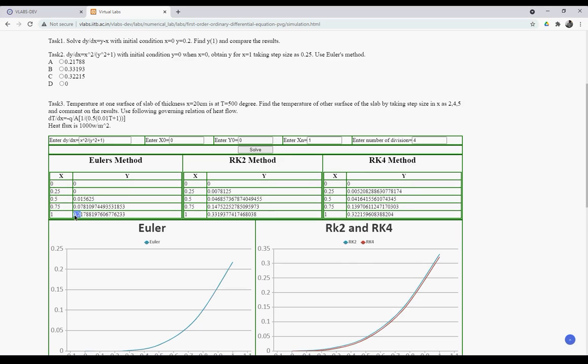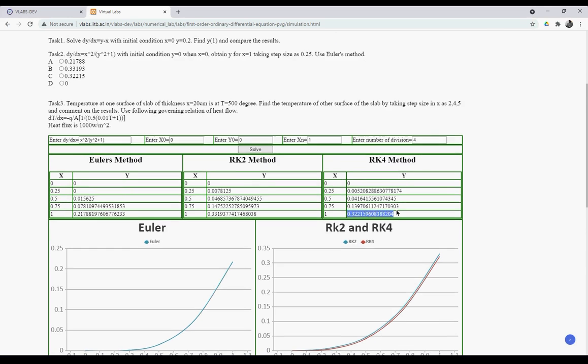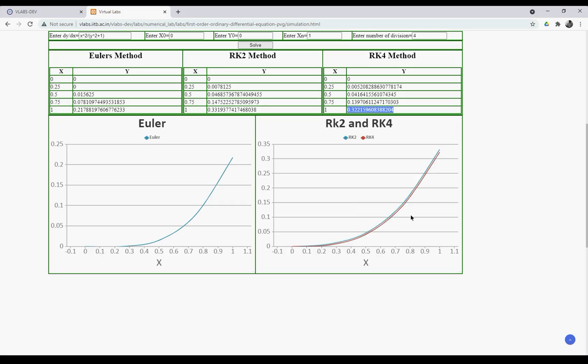Similarly, I can get the comparative result. So I can say this value is less accurate than this value, than this value. The RK fourth order method will have a higher accuracy, and that is why these two separate graphs have been plotted. Euler's method is somewhere here, and RK2 and RK4 are here, because they are comparable. RK2 and RK4 are comparable, and not the Euler.